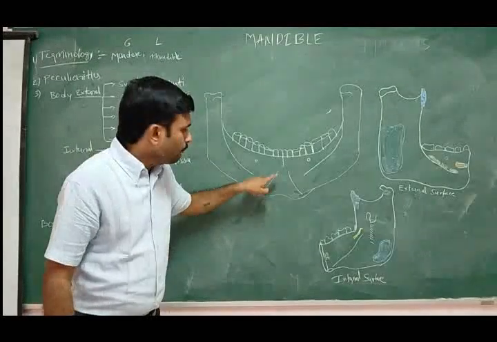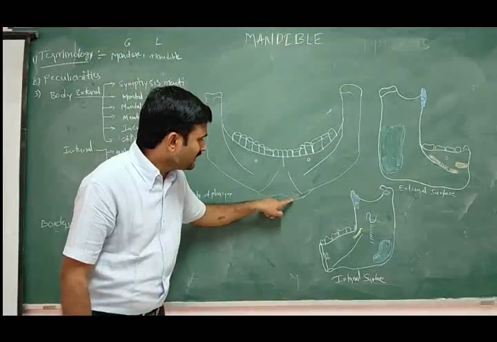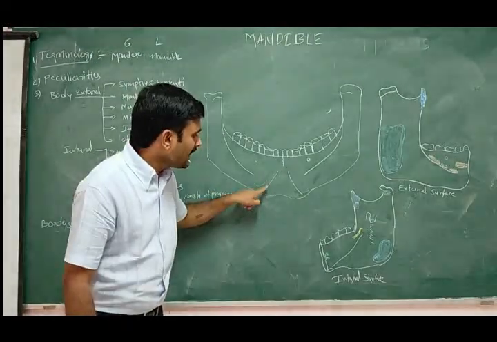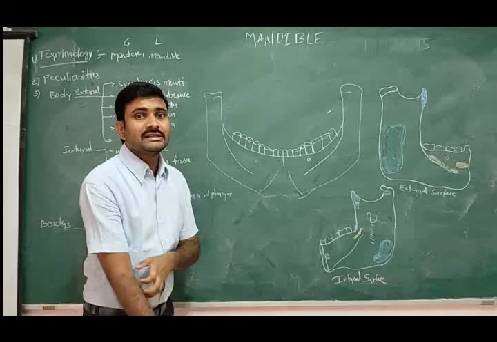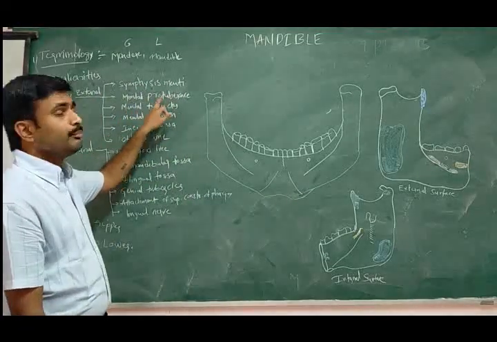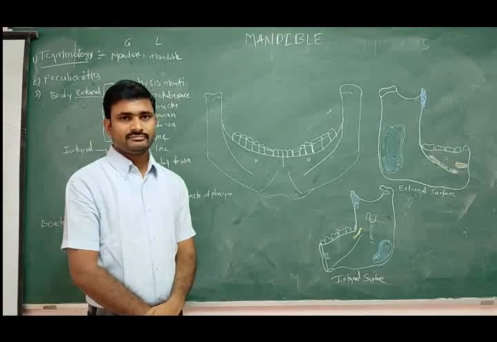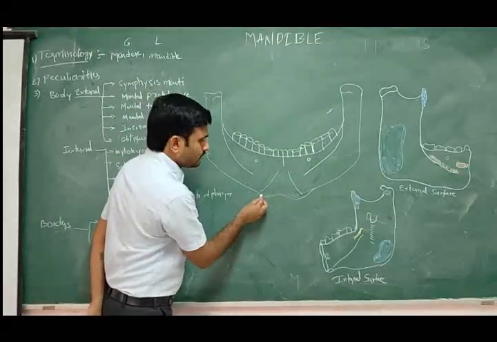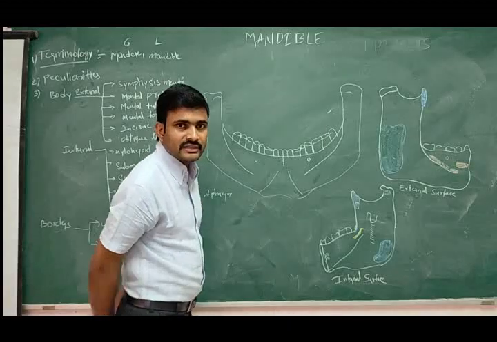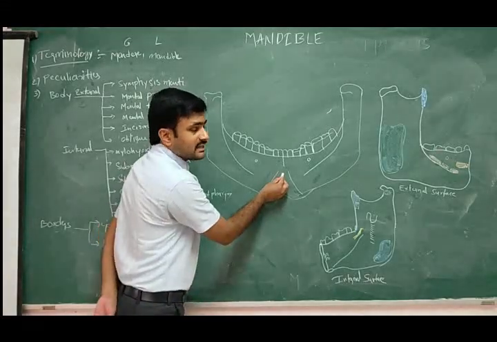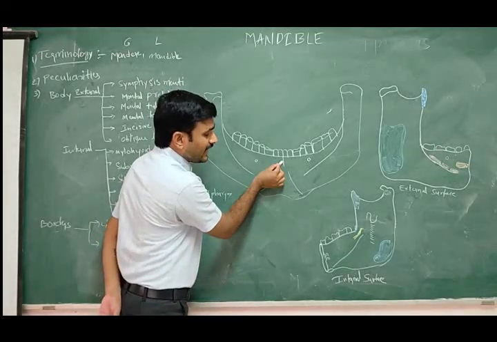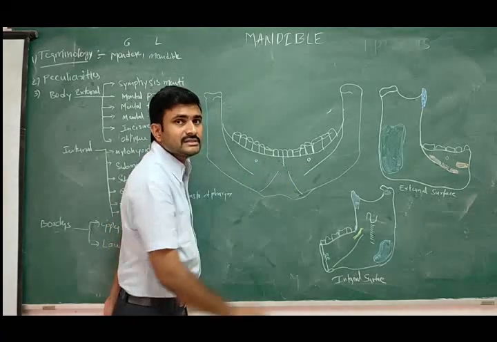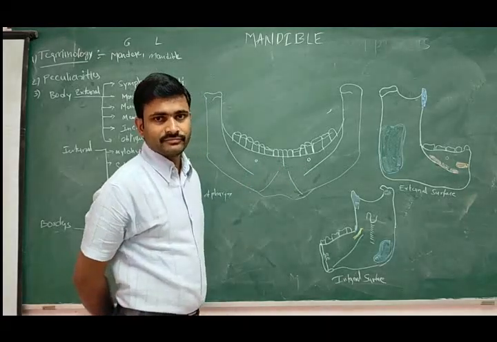Below that part, we see one triangular area. The triangular area is called the mental protuberance. In this triangle, the upper angle is at the lower end of the symphysis menti, and there are two lower angles.